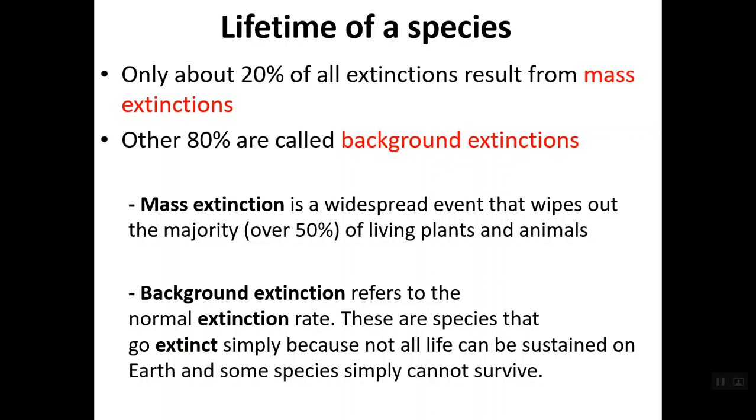And unfortunately, some species will die out. So 80% of all the extinctions that we have observed, and that we estimate have happened on Earth, are due to background extinctions, not to mass extinctions, okay? Only 20% of all extinctions are due to mass extinctions, all right? So this is a concept that you must remember for me, all right?